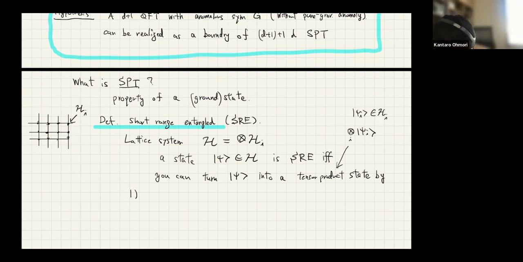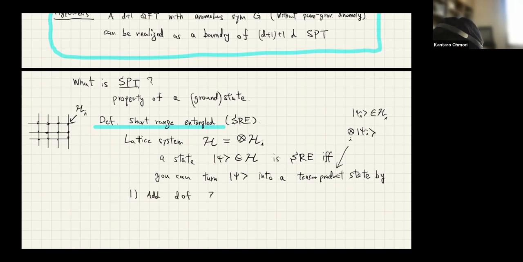Then a state is called short range entangled if you can make it into a tensor product state by first adding degrees of freedom.